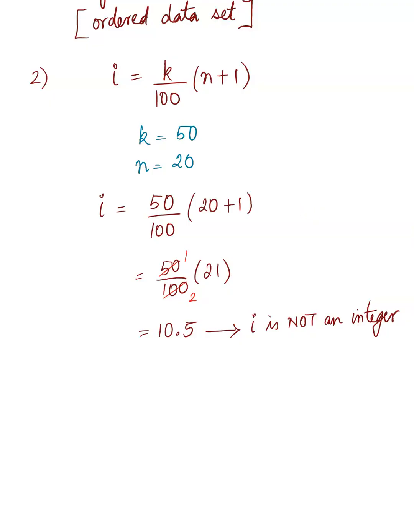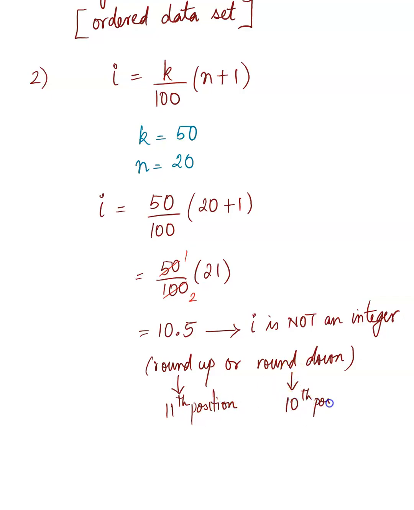This is where we have a dilemma. You can round up or round down. When we round it up, it'll be the 11th position. When we round it down, that'll be the 10th position.